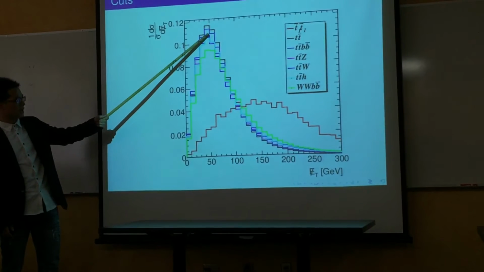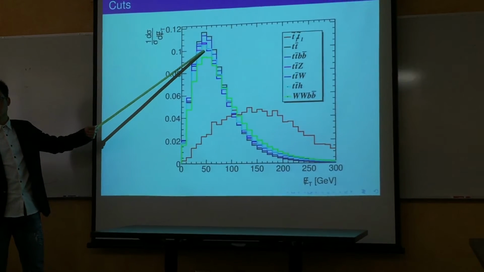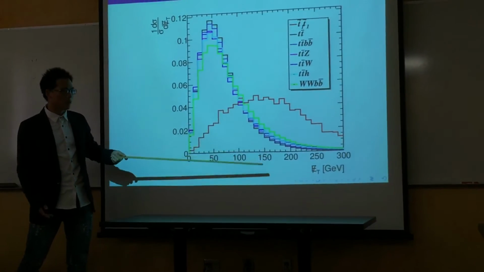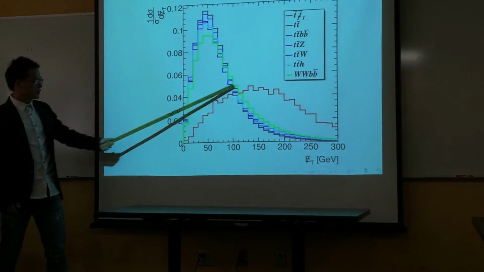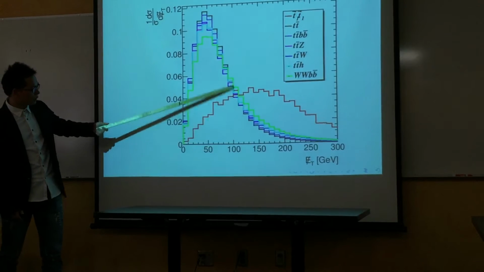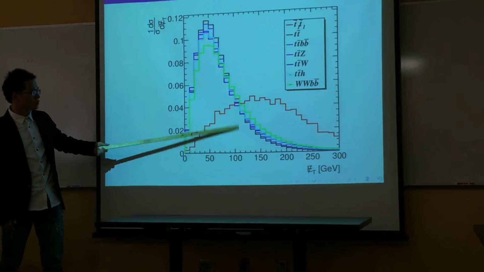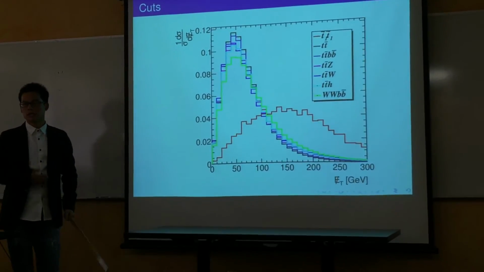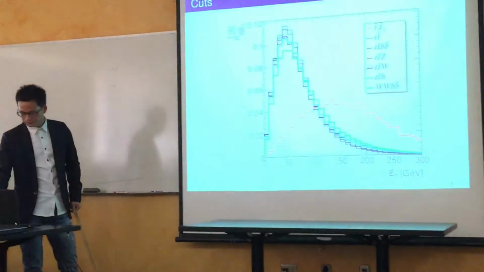So the background missing energy largely comes from neutrinos, and the signal comes from both. So we have this distribution. For the cut, we will scan from about 100 GeV up to 200 GeV to select the best cut.